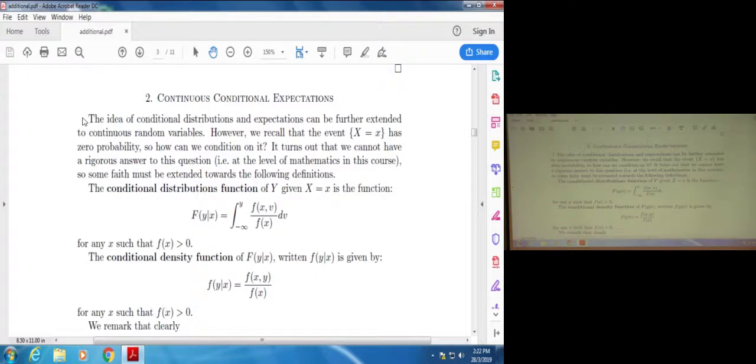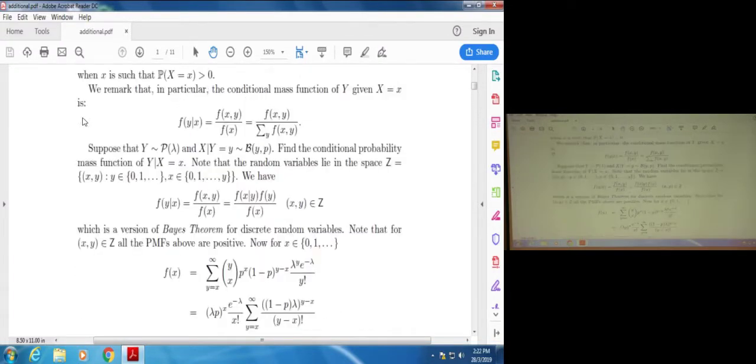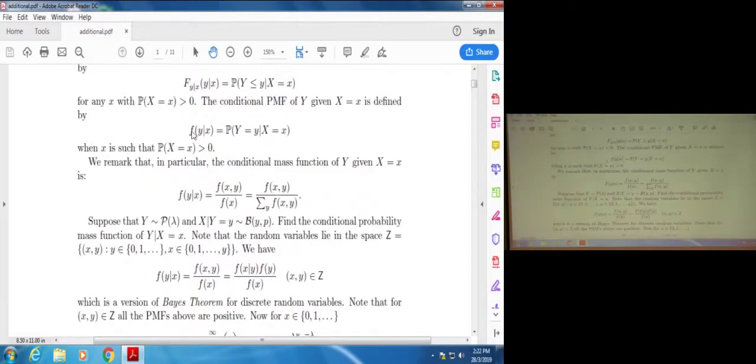Okay, so there's not that much left for today, but we are halfway through. We're going to study now the notion of conditional expectation where a pair of random variables X and Y are continuous. The key point, as you remember, is that if you want to consider the probability mass function for Y given X, one must condition on events of non-zero probability.